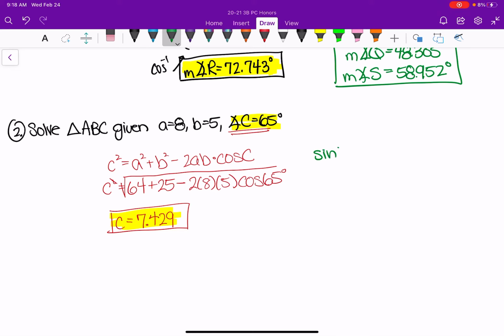So I can say sine 65 over C equals, we're looking for another angle, sine A over 8. When I solved for angle A, I got 77.412 degrees.